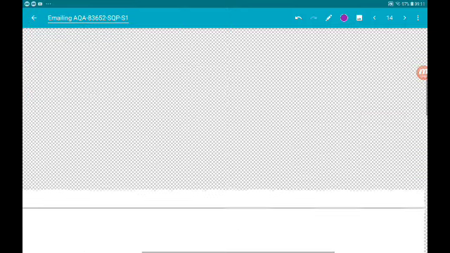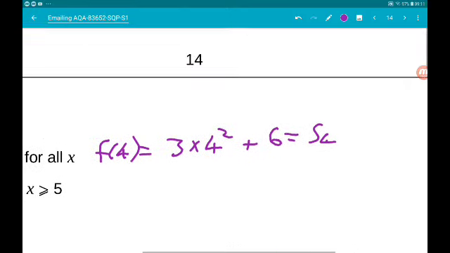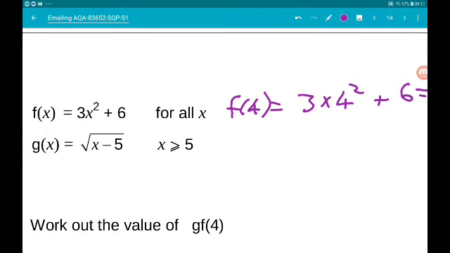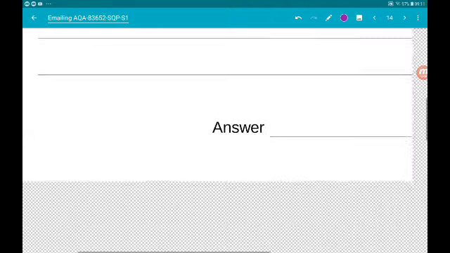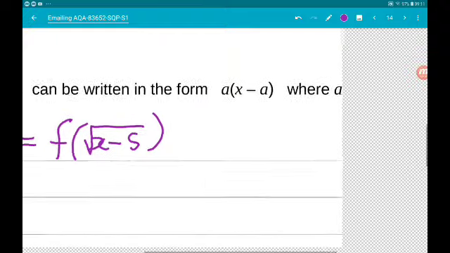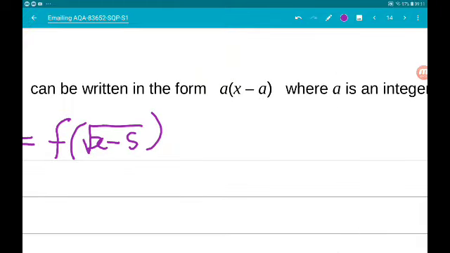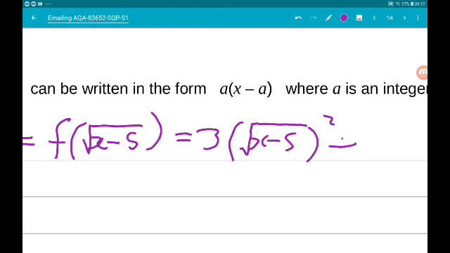So the f function was 3x squared add 6. So this then is going to be 3 lots of, well, it's x squared, but x is now root x minus 5, squared, add 6.